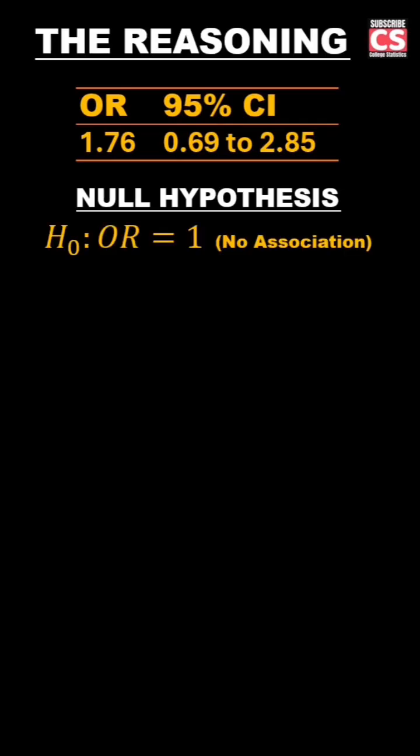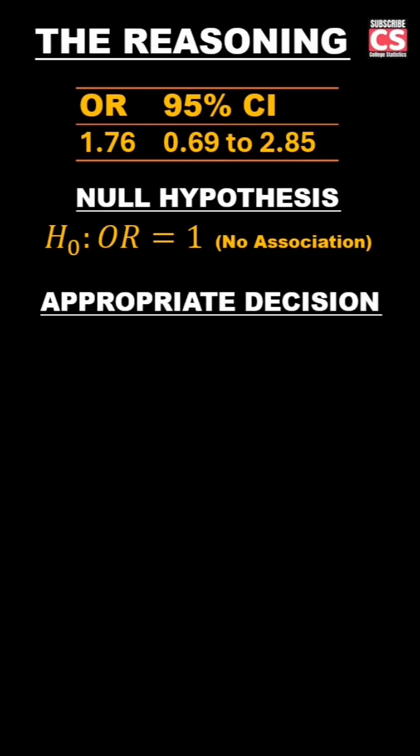The null hypothesis is that the true odds ratio is equal to 1, which is the same as saying there's no association between the risk factor and the disease of interest. The next question to ask yourself is, how do I make the appropriate decision?